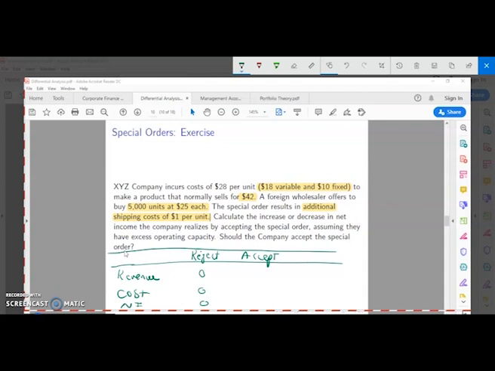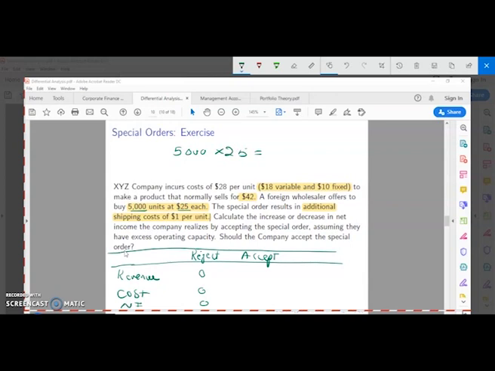What will be the revenue if I accept the order? If you look at here, you can sell it for 25 per each and you can produce 5,000. So I have 5,000 times 25 each.